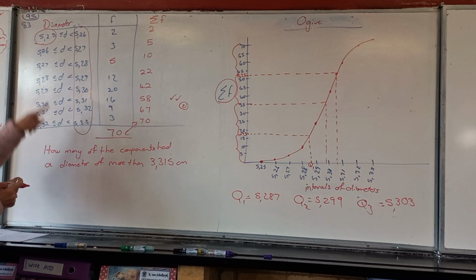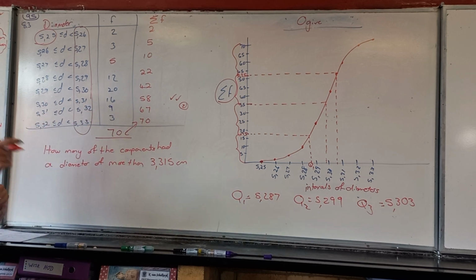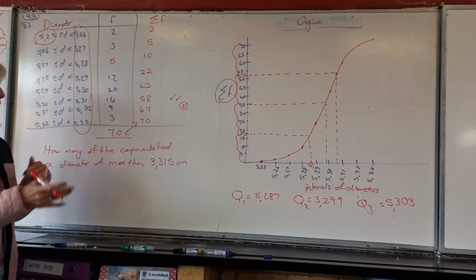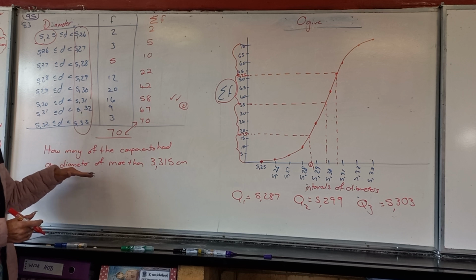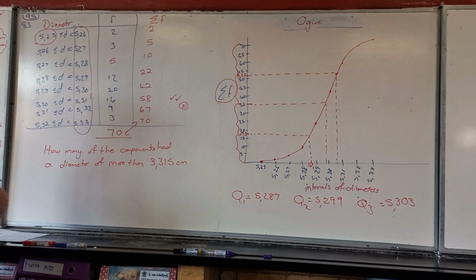Can I not see it here? No, because it's somewhere in between there. Do you agree? So, I don't know how many of them there were. You use your graph, and the question normally says, use your graph to find out how many of the components had a diameter of more than 3.315. Now, where's 3.1315?